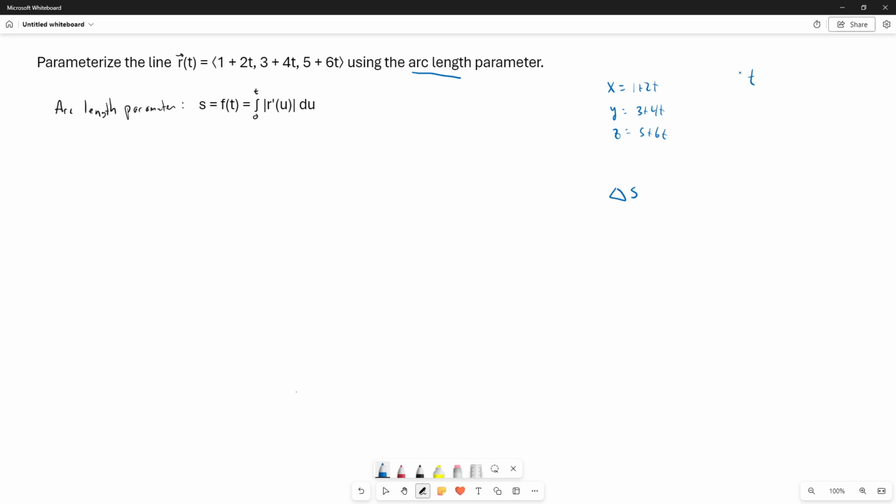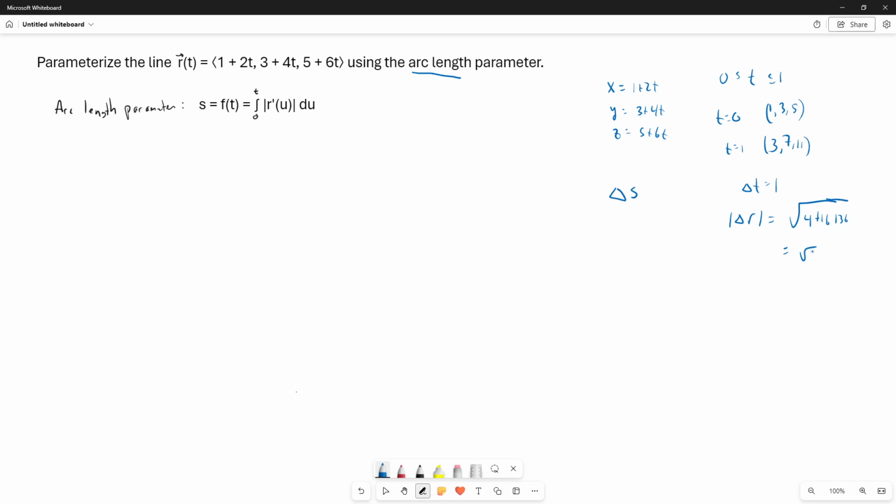Let's check. If t is 0, the point you're at is 1, 3, 5. And if t is 1, then the point you're at is 3, 7, 11. So a change in t of 1 gives us a change in the position of r of the square root of 2 squared plus 4 squared plus 6 squared, that is 4 plus 16 plus 36, much more than 1.